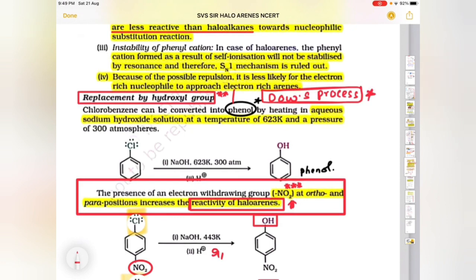And very important, Dow's process, replacement by hydroxyl group. Chlorobenzene we can convert into phenol. This reaction is very important, the first reaction for the preparation of phenols. Chlorobenzene we can convert into phenol by treating with NaOH followed by acid, so we are getting phenol.